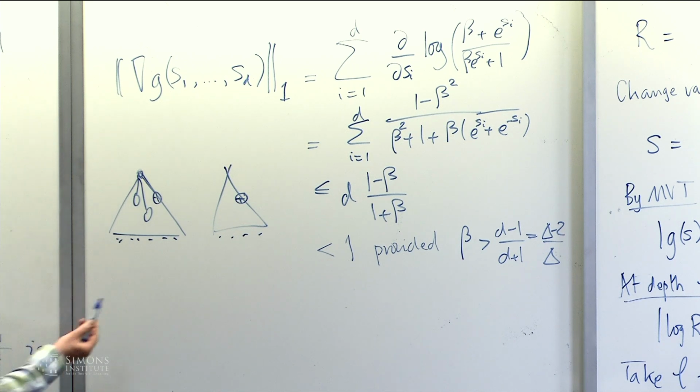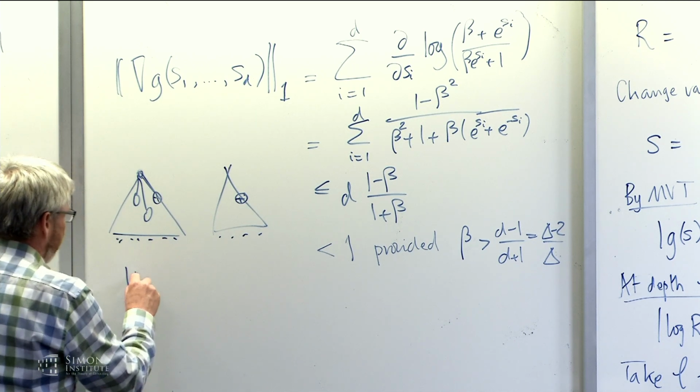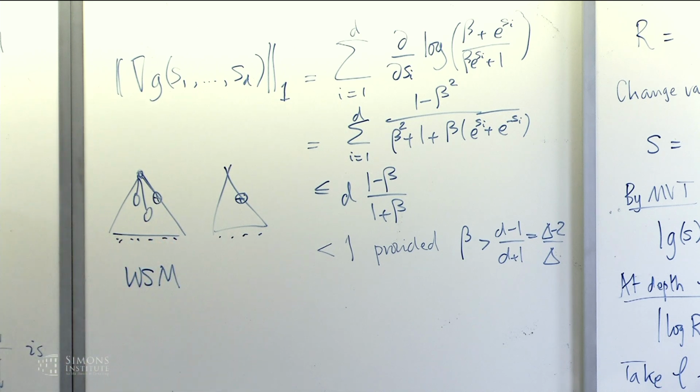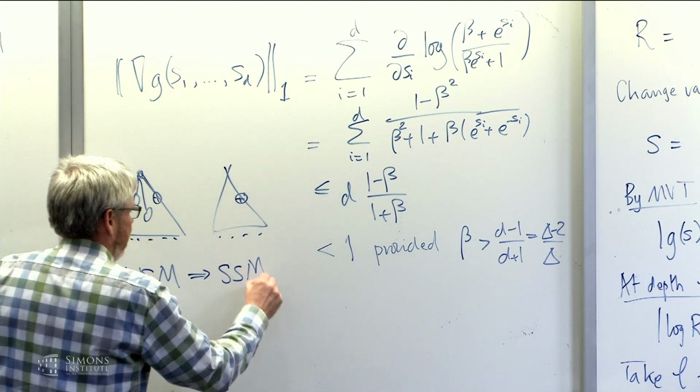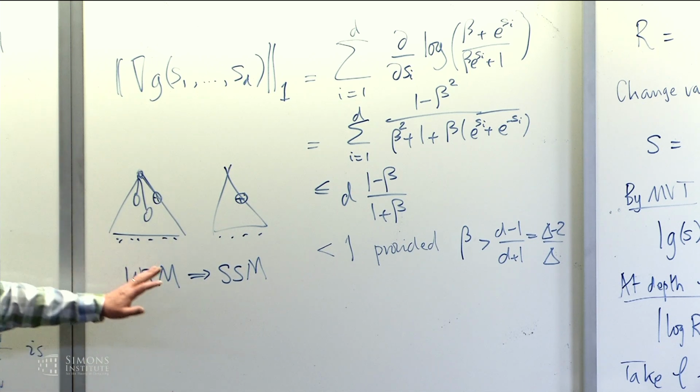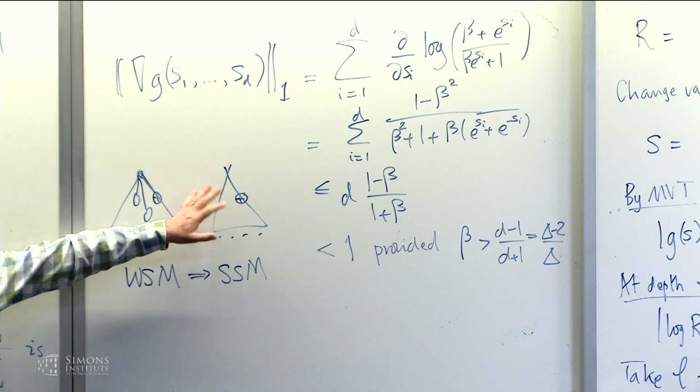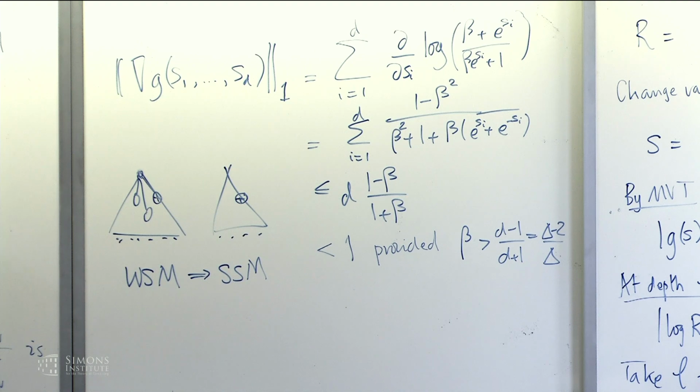Weak spatial mixing is the jargon for correlations decaying in the absence of any boundary conditions, and strong spatial mixing is the stronger property where it also occurs even with boundary conditions close to the root.